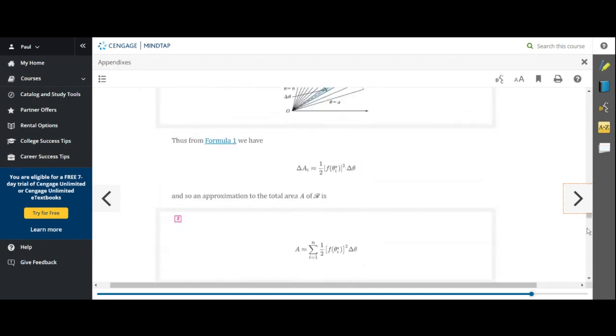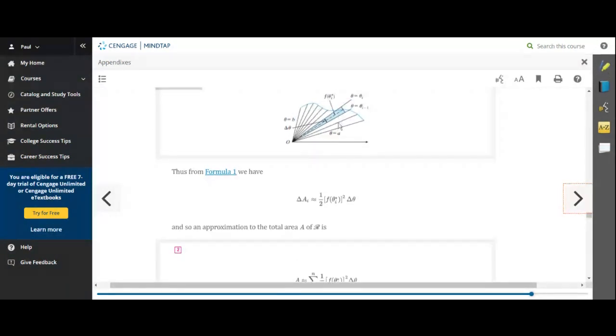And so now, when you divide the area under the polar curve up into these circle sectors, the radius is dependent on the angle, and the radius is equal to f of theta. The area of each little sector is going to be approximately 1/2 times f of theta squared, which is the radius squared for that sector, times delta theta.